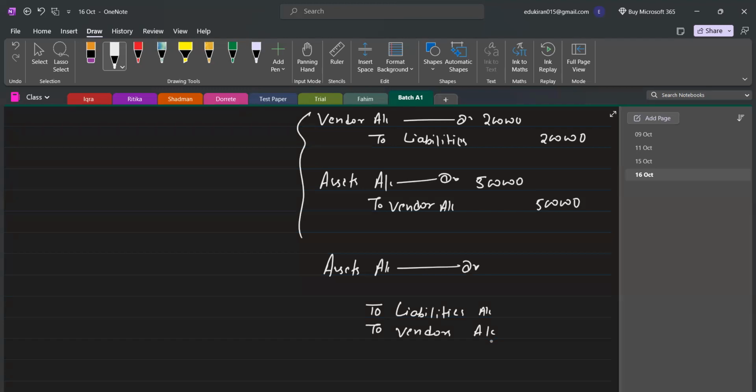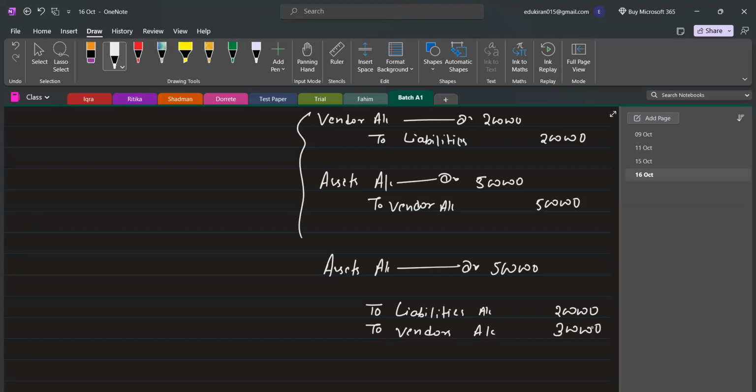Amount: assets will be 5 lakh, liabilities will be 2 lakh. So will the vendor be 3 lakh? 3 lakh. So this is the correct entry.